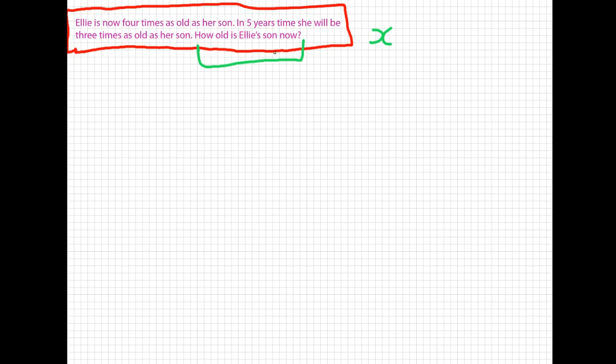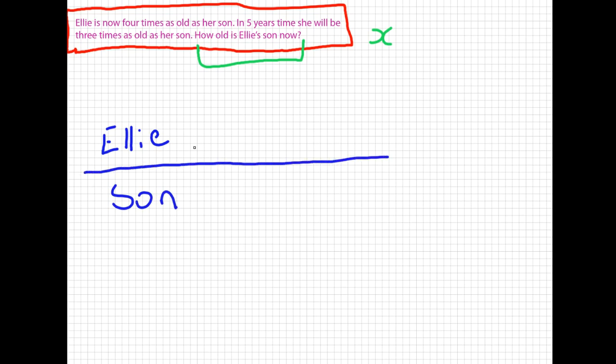The things we're dealing with are also how old Ellie is now. So at the moment, Ellie is now 4 times as old as her son. And then we're going to work with how old Ellie and her son are in 5 years. So let's draw a table. Let's say we have Ellie, and let's say we have the son.